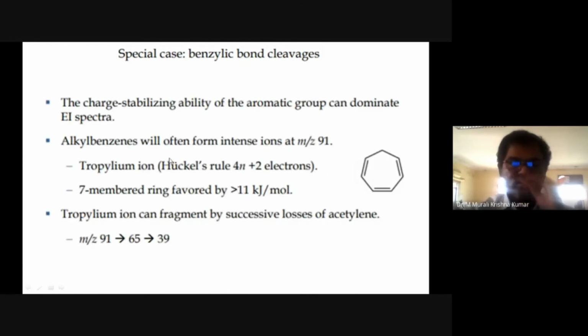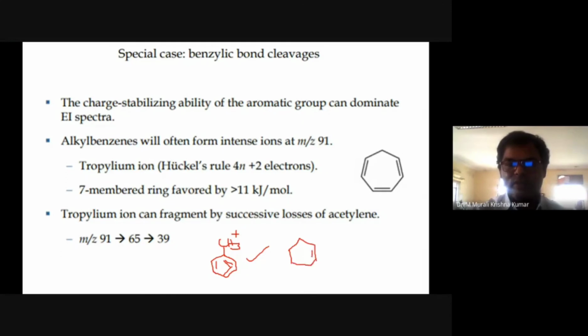The next one is charge stabilizing type of reactions. So this is the benzene ring, and we have CH3 here. Positive. In this type of situation, we have benzylic radicals.